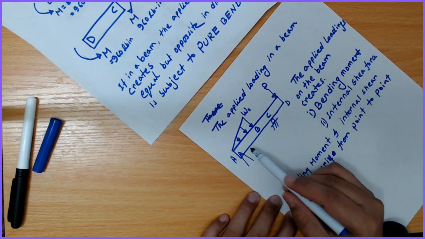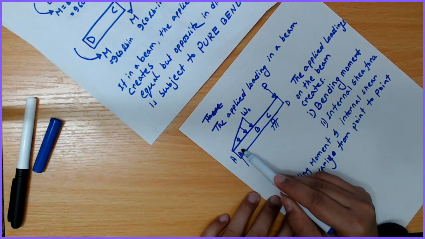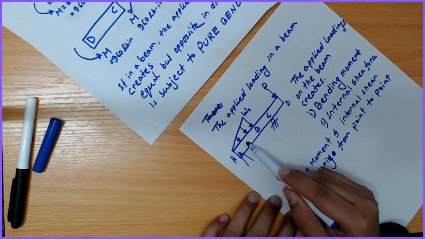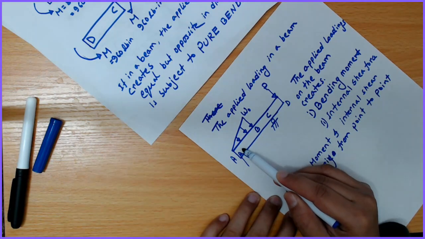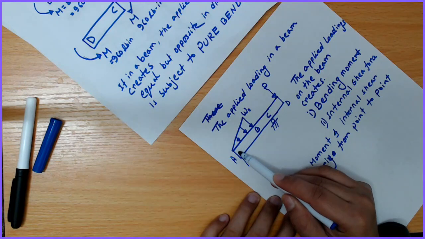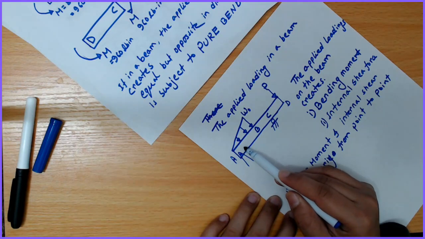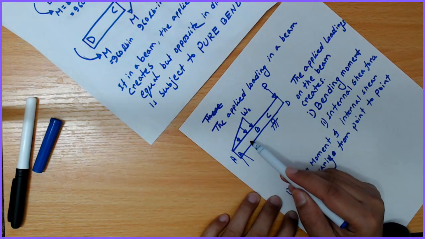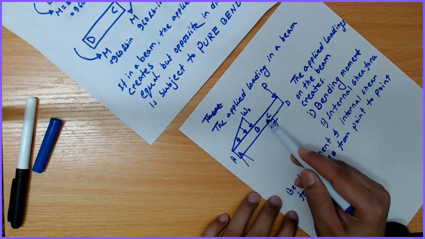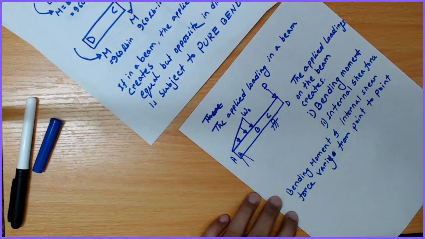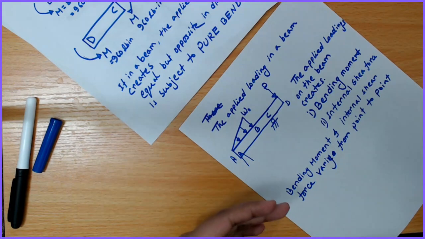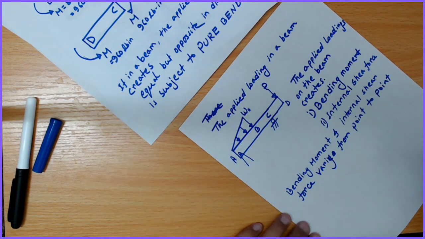For example, the shear force and bending moment are not the same throughout this entire beam. The bending moment and also the shear force are maximum at certain points and minimum at certain points, but each point has its own values.